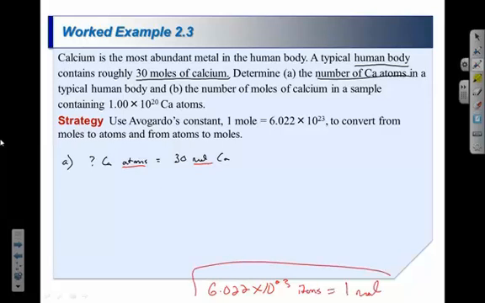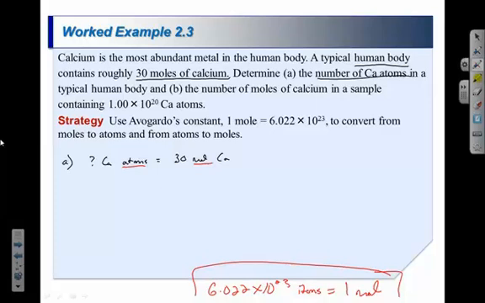Right? So Avogadro's number, this relationship is what we use to do conversions when we're working with super small particles like molecules or atoms, and we want to relate that to a laboratory size quantity or a large scale quantity. If I'm converting from a laboratory scale to laboratory scale, I'm not going to use this relationship.